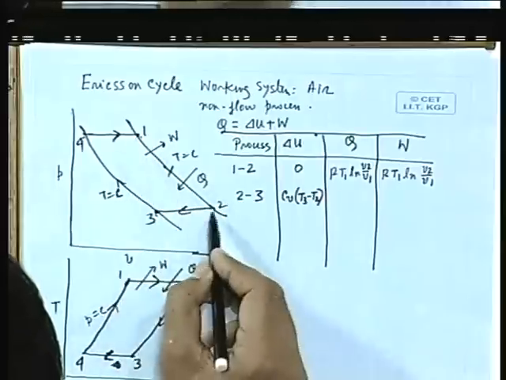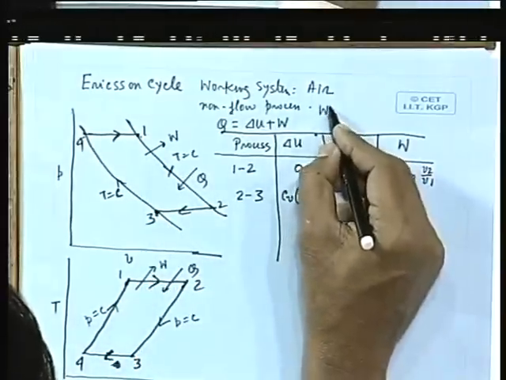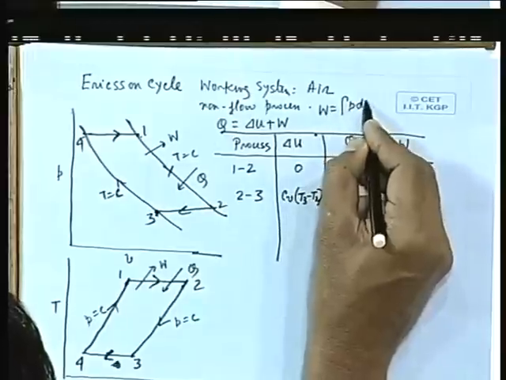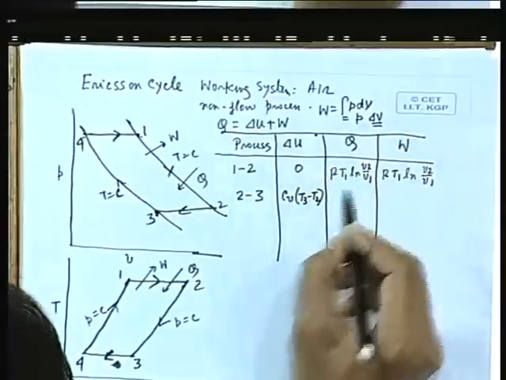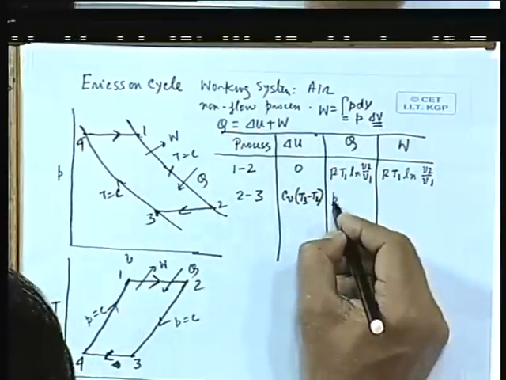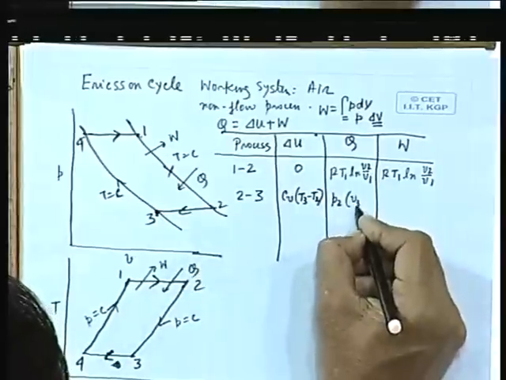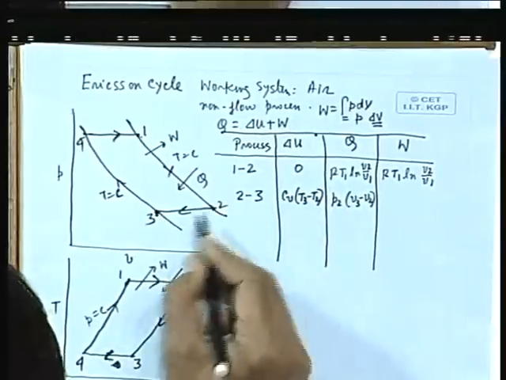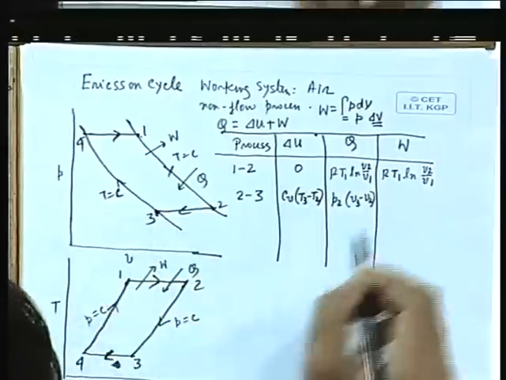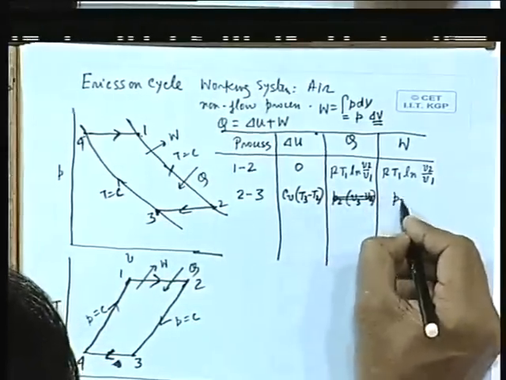Now here at the constant pressure process in a non-flow system, how do you find out the work? Work is the integral of PdV, and for a constant pressure process, P into delta V, that means the change in volume. So therefore it will be P2 into the change in volume, V3 minus V2. All right, V3 minus V2. So this is the W, I am sorry.